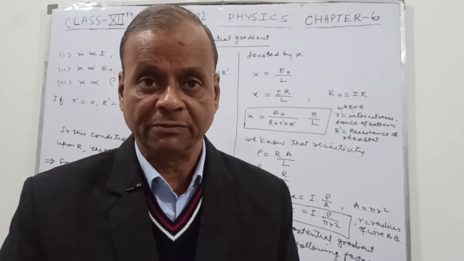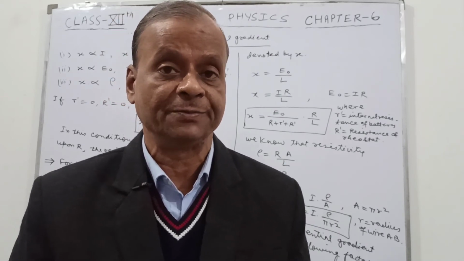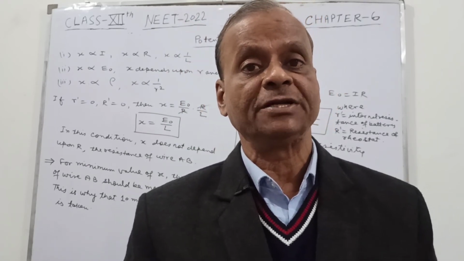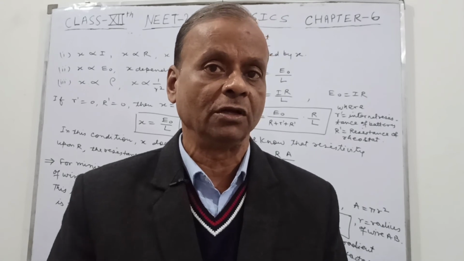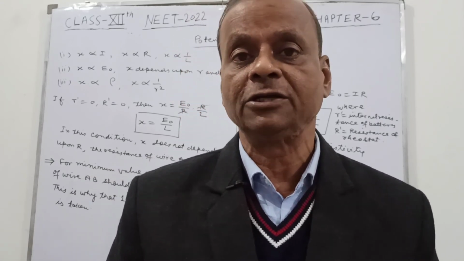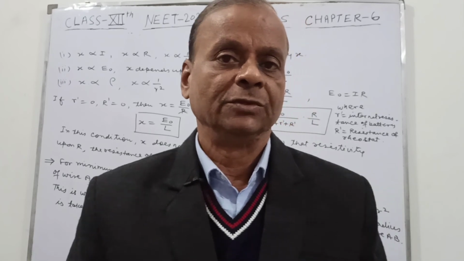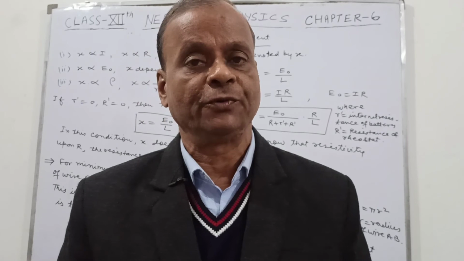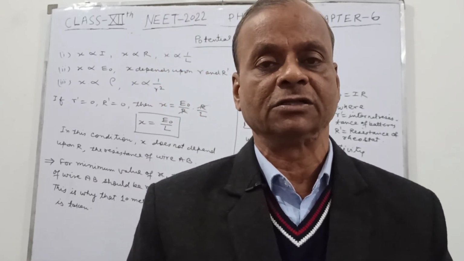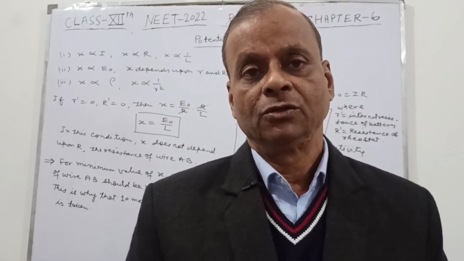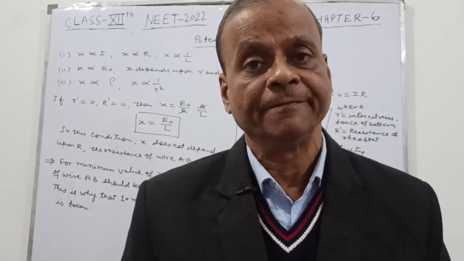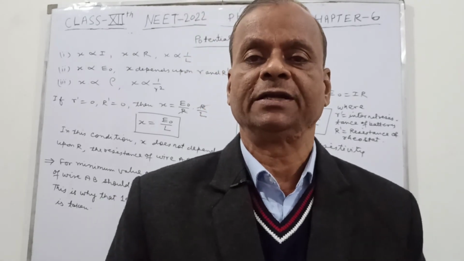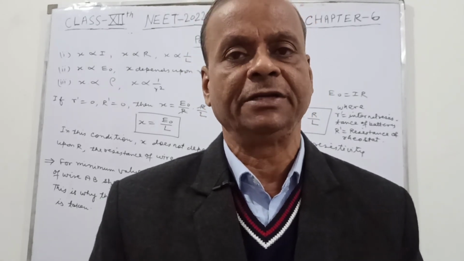Some students may ask, if we take 100 meter of wire, what is the difficulty? The difficulty is that the potentiometer will be so large that it will be difficult to handle the instrument when it is used for the measurement of the potential difference or the EMF of the cell. So for practical ease, the length of the wire is taken approximately 10 meter.